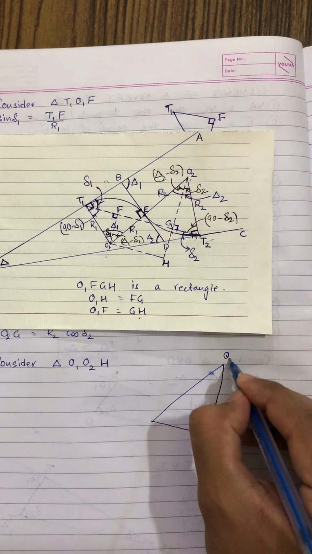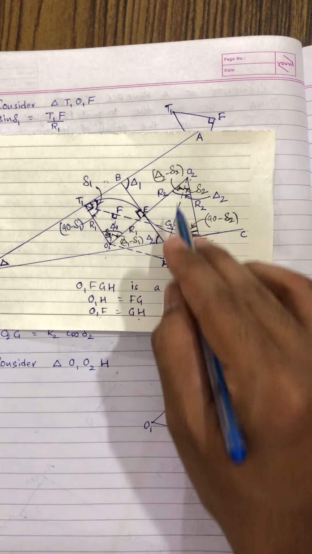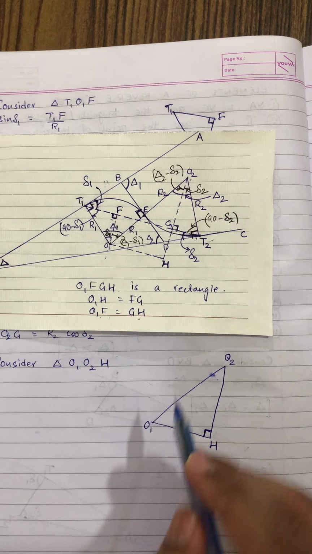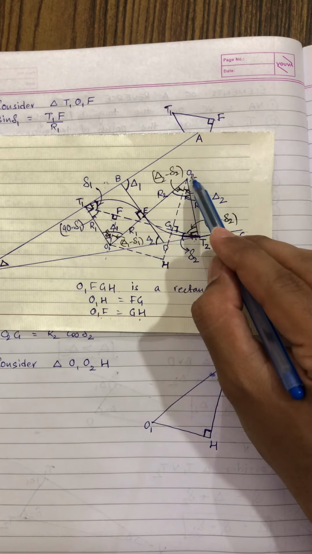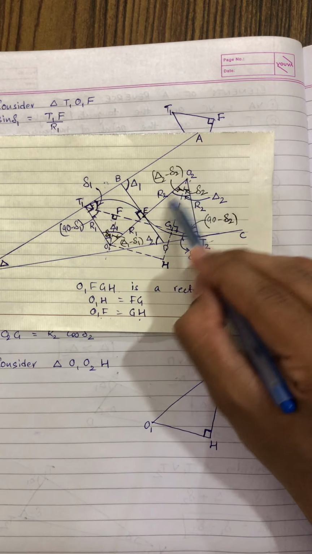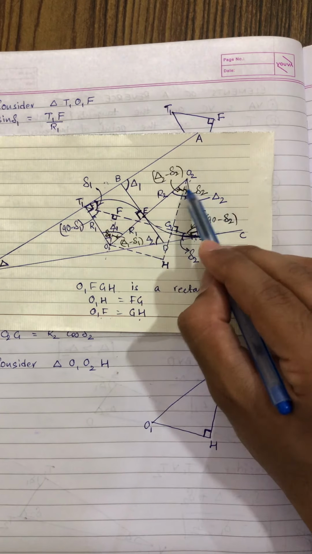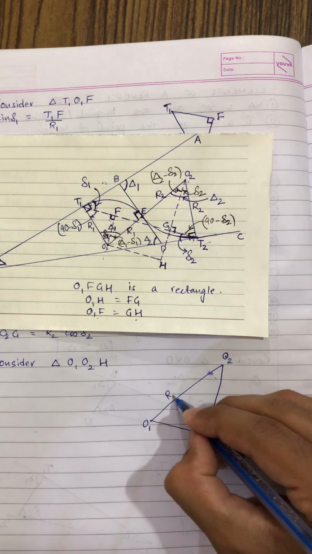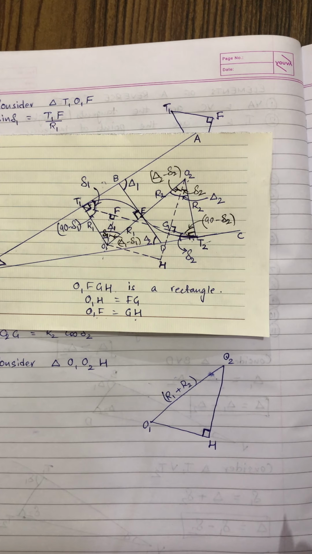This is O2, this is O1, and this is H. O1E is the radius R1 and O2E is the radius R2, so from the figure we can write the hypotenuse as R1 plus R2.